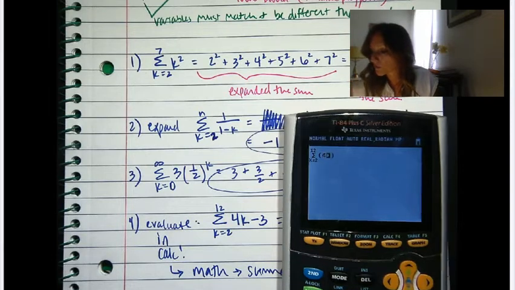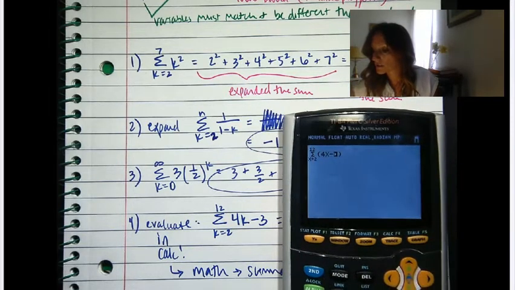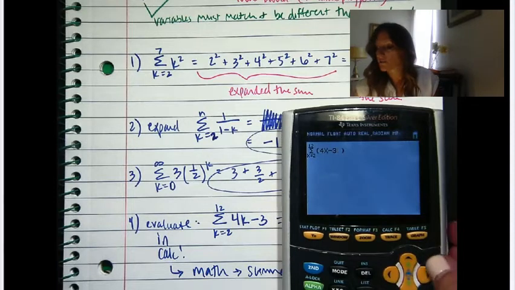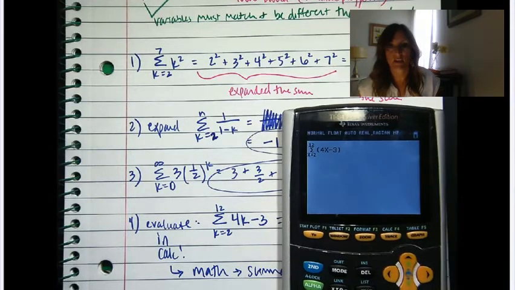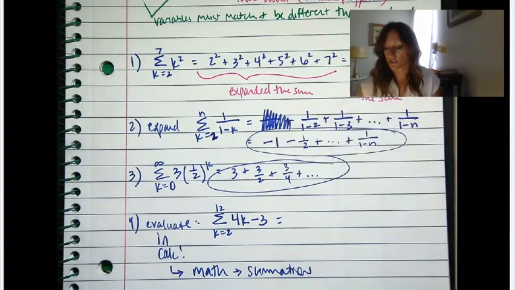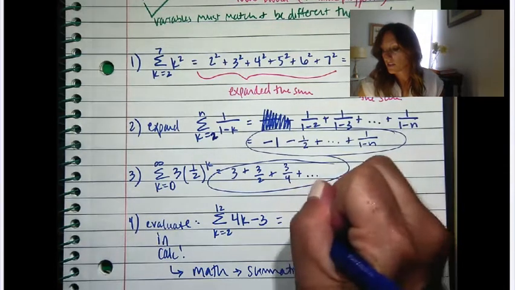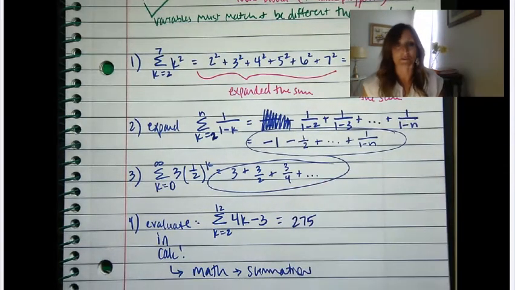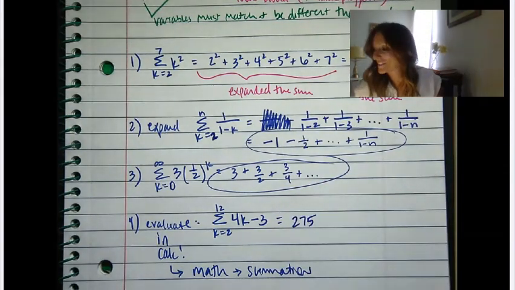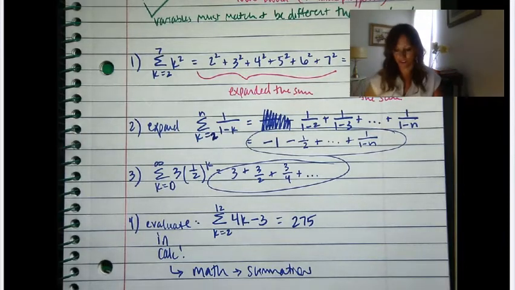So I'm going to put 4x minus 3. And that's like saying 4k minus 3. And then I can hit enter, and it takes all the numbers in the series and adds them up for me to get 275. And if you don't have a calculator, you can write all the numbers out and add them up yourself. So it's not something we cannot do.